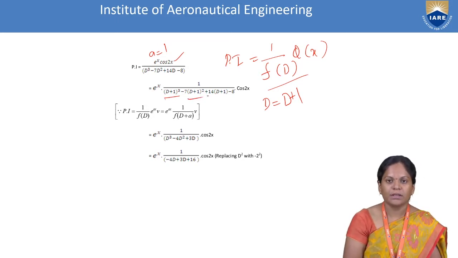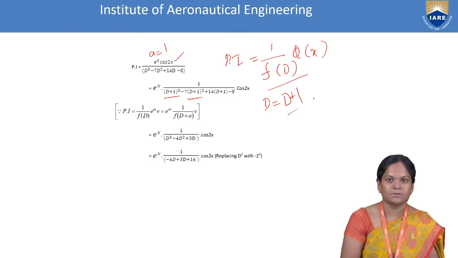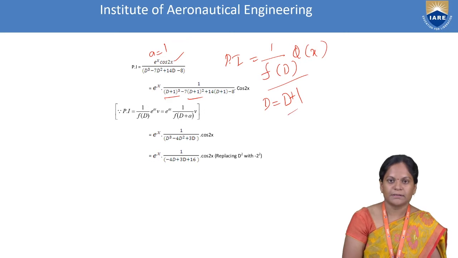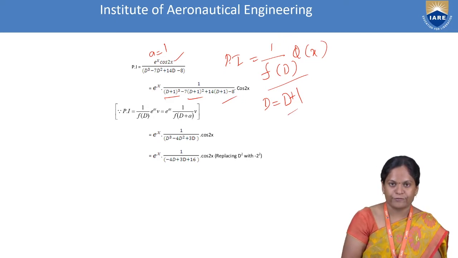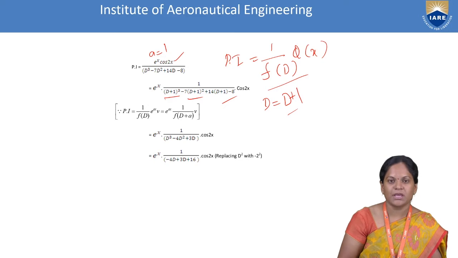Next plus 14d, 14 into again d, replace d as d plus 1, 14 into d plus 1. Next is minus 8. So e power x term is completed. So take e power x on the left hand side and replace d equal to d plus 1, and no need to disturb this exponential term.